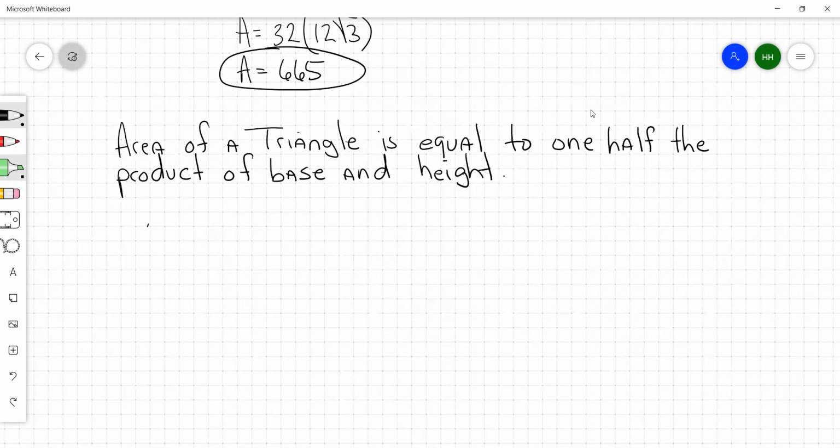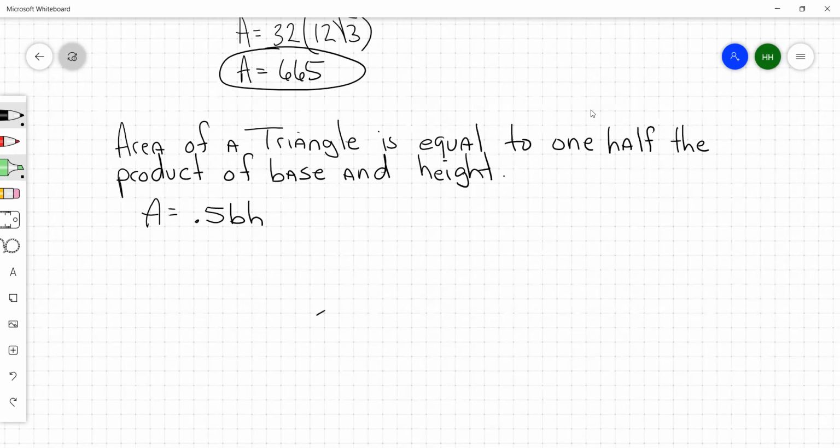All right, the area of a triangle is equal to 0.5 times the base times the height. Because every triangle is just half of a parallelogram, isn't it? So base times height is the area of a parallelogram. If you multiply it by 0.5, you take half of it.